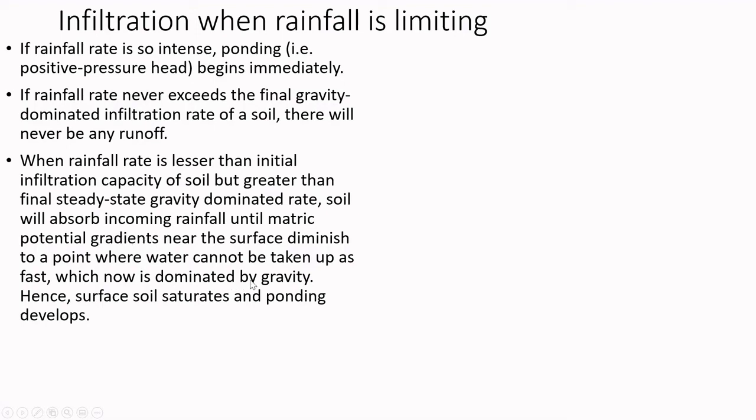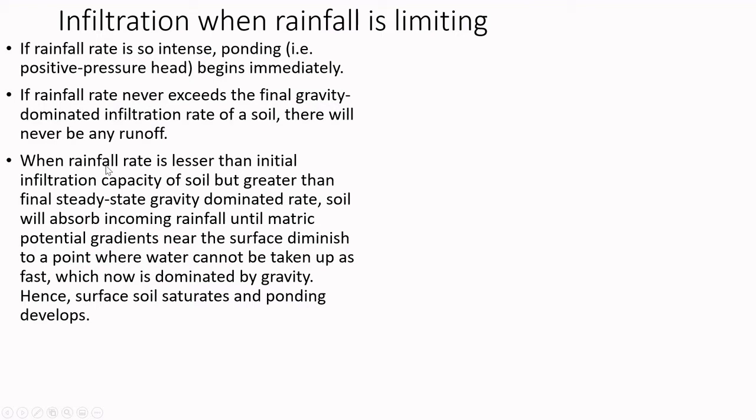At the same time, there is also gravity. As the water infiltrates into the soil, the metric potential effect becomes lessened. Now it is only governed by gravity effect. So at this stage, the infiltration rate may not be as high as the initial state of water infiltration.